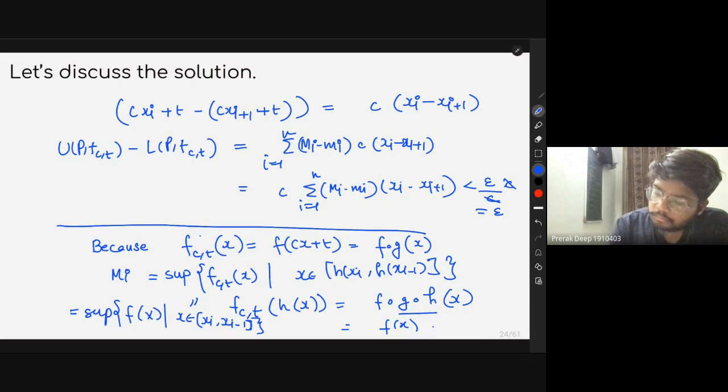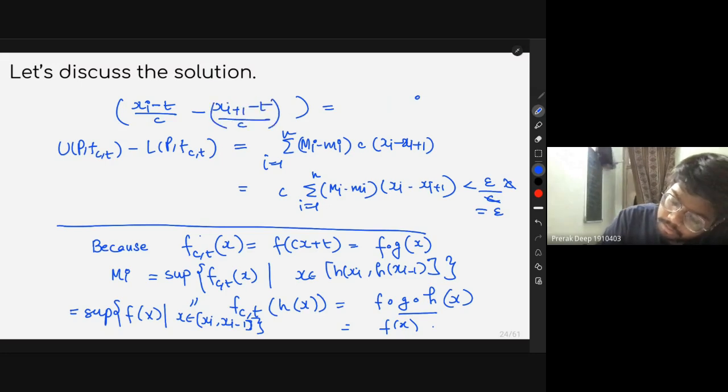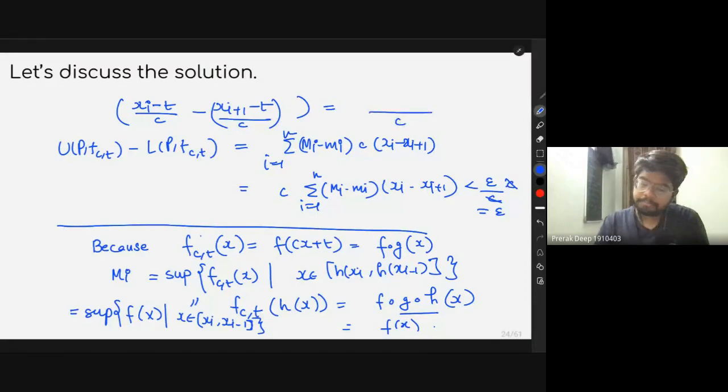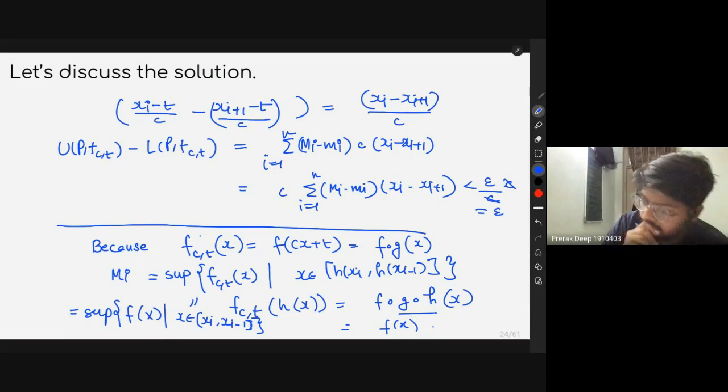There will be some difference, because this will be xi minus t divided by c, similarly xi plus 1 minus t divided by c. Divided by c, there will come up xi minus xi plus 1, correct?